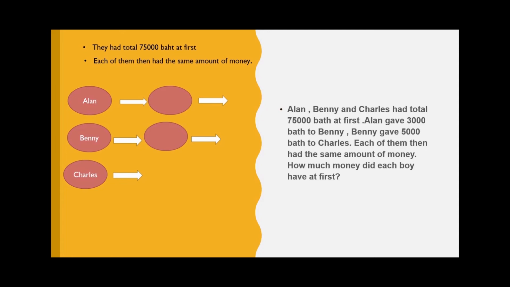Because each boy has the same amount of money, we will divide 75,000 by 3 to find out how much money each boy has. The answer is 25,000 baht each boy had in the end. But the question asks us how much money each boy had at first. So now we have to use the move backward technique to solve this problem.